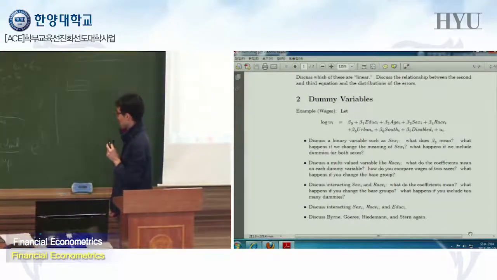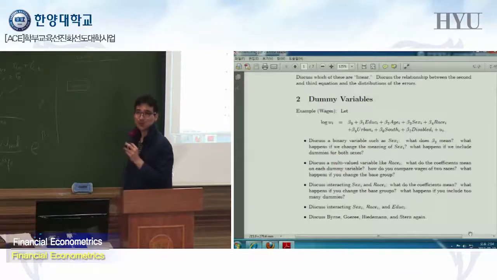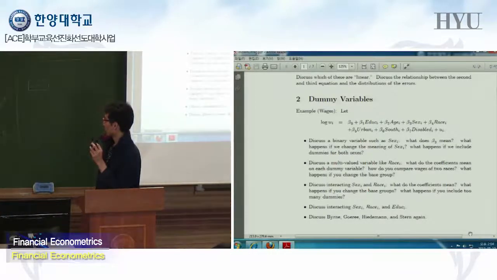So in other words, the exponential of beta 3 is the ratio between male wage and female wage.